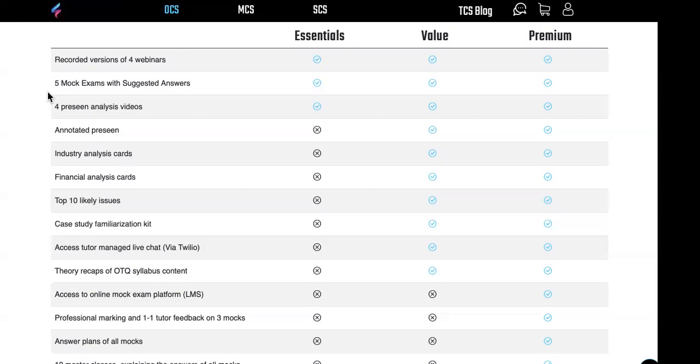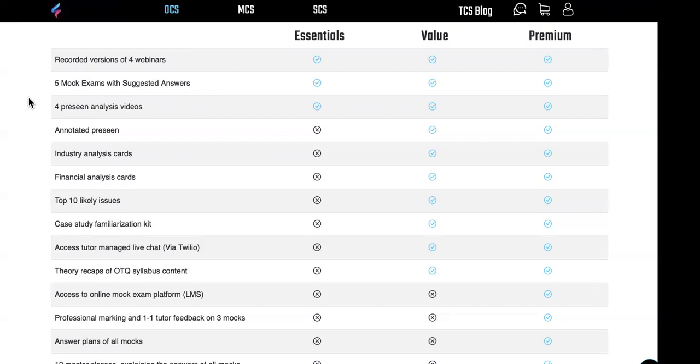And if you had aced your OTQ exams, it shows that you have some type of discipline when it comes to exam preparation. So the same level of discipline can be utilized when preparing for your OCS exam. You can do the 5 mock exams on your own and refer to the suggested answers on your own.